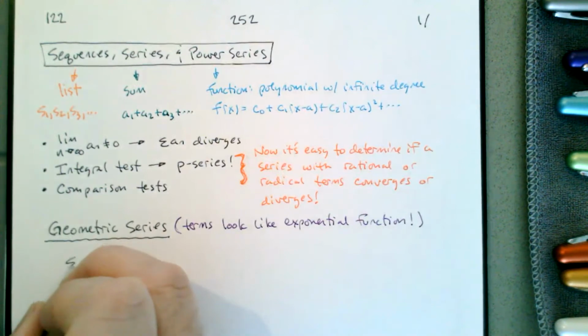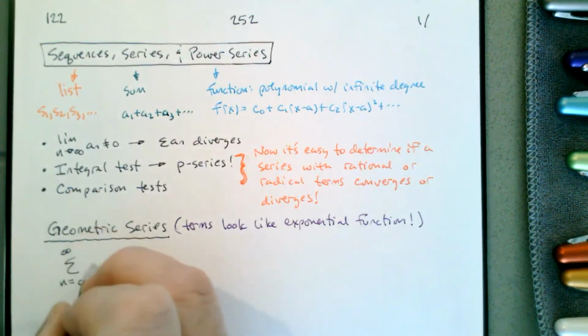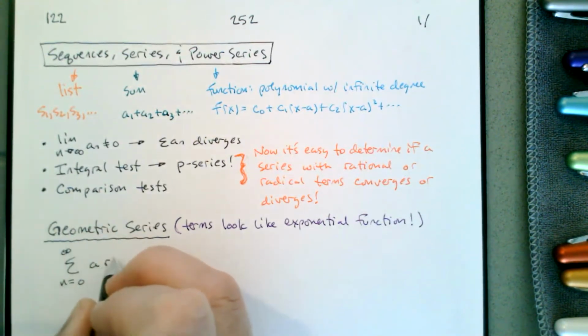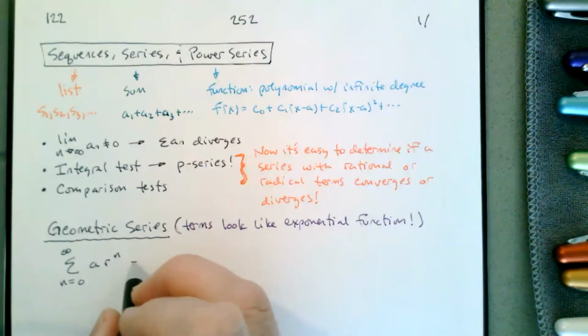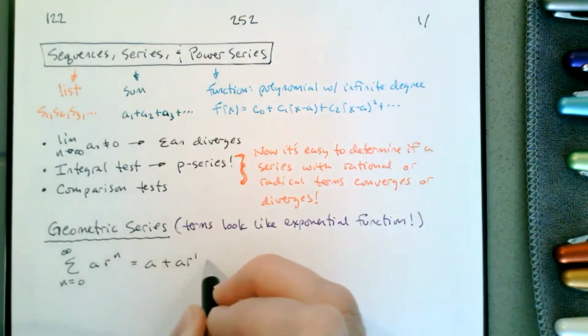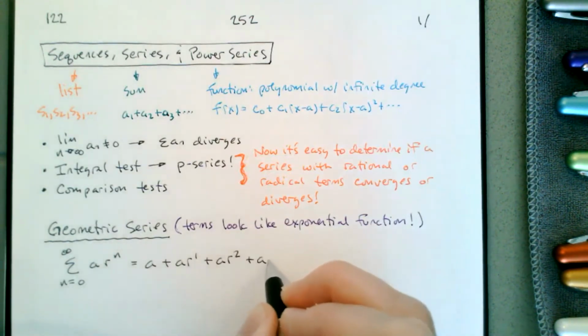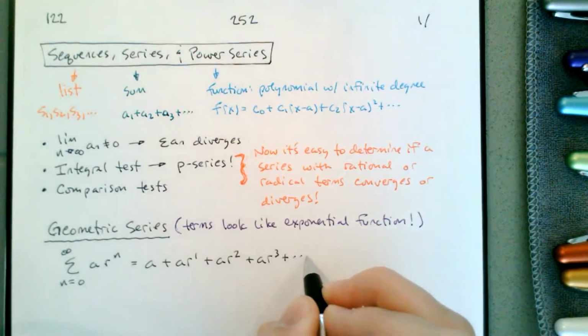So your basic geometric series will look like the sum as n goes from 0 to infinity of a times r to the n, where we have a times r to the 0 plus a times r to the first plus a times r squared plus a times r to the third, and so on.